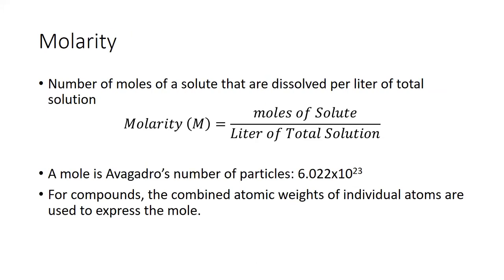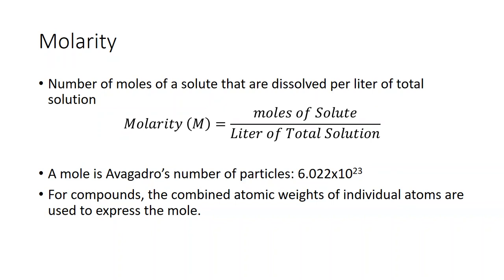So we can use the moles to calculate the molarity of a solution: the number of moles of a solute, like sodium chloride, that are dissolved per liter of total solution. And that is the molarity, which is abbreviated as a capital M. So the mole is related to Avogadro's number. And for compounds, the atomic weight is the combined weight of the individual atoms, and that's what's used to calculate the molecular weight.